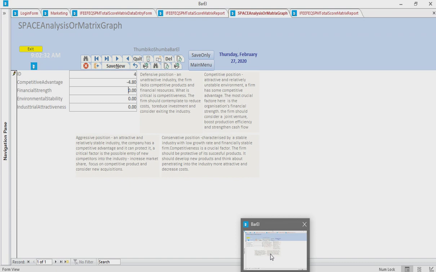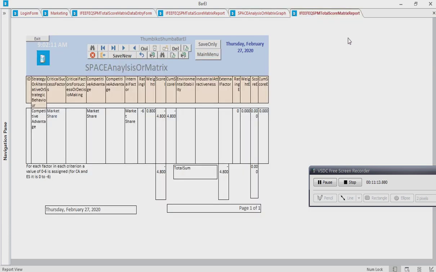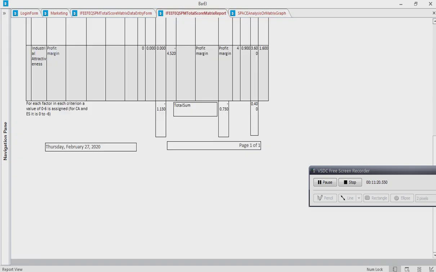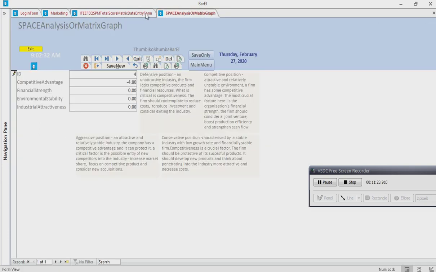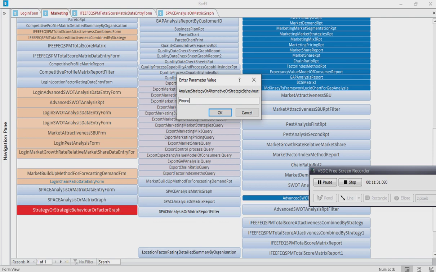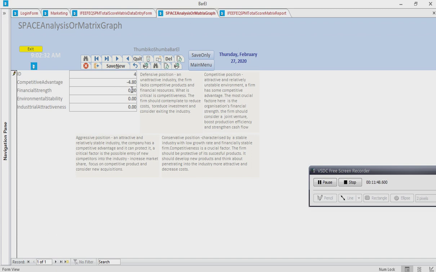Financial strength. Total sum is 0.28. Environmental stability.